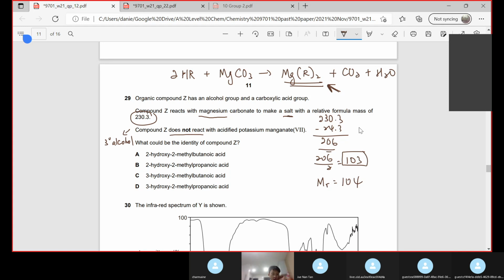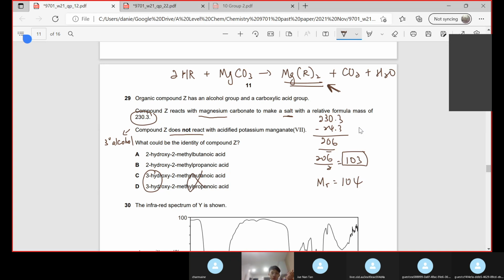So from here, if I look at the numbers, you can see 2, 2, 2, 3, 2, 2. 3 means the OH is at the third carbon, then 2 is the side chain at carbon 2. These are secondary alcohols. If you draw it out, you will notice one is a secondary alcohol, so it's not our answer. Our answer has to be a tertiary alcohol, so it should be 2, 2, 2, 2.